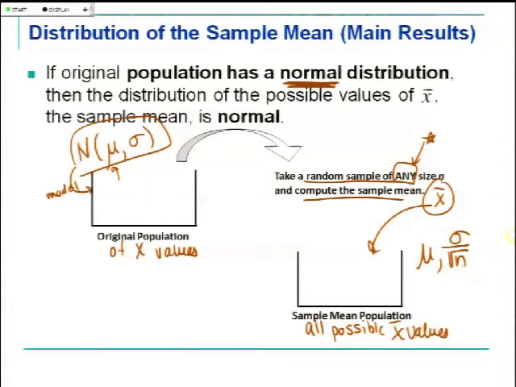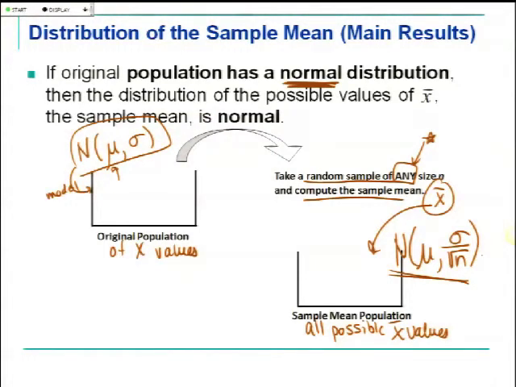And then we also get, as an exact result, that the model over here will be normal. If your original variable, your response that you're measuring, has a normal model, then you'll get normality for x bar no matter what sample size you take. Don't need to have a large sample size for this result to work. So that's one way we can get to our normal model that we will use to do our confidence interval and our testing a little bit on Thursday and next week.